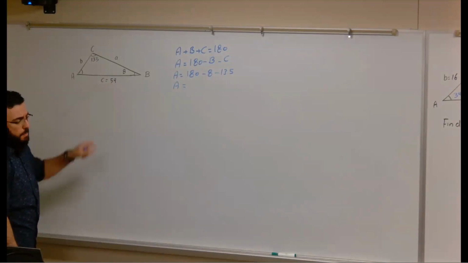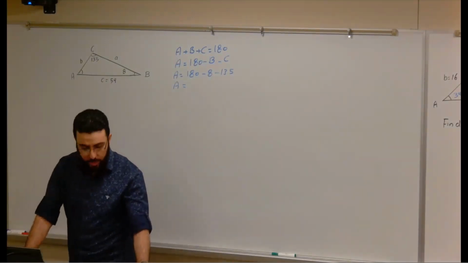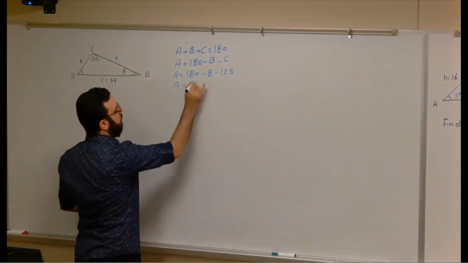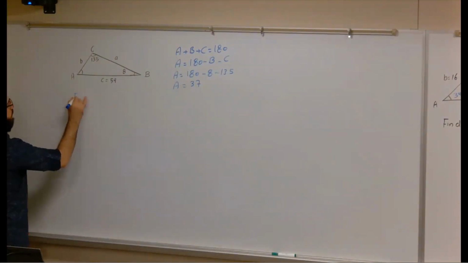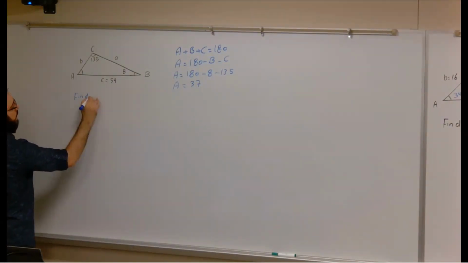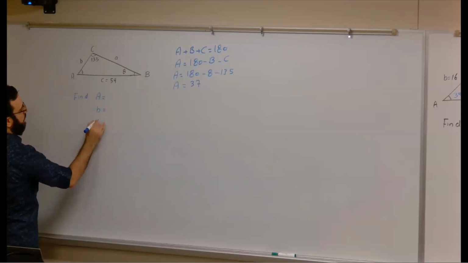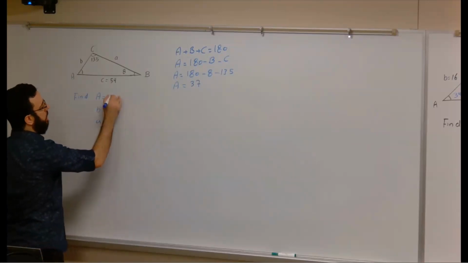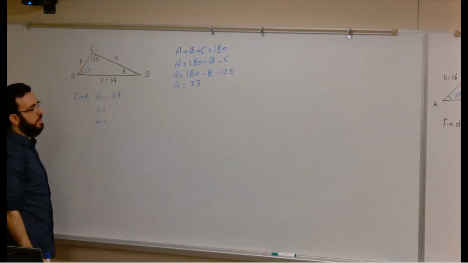Thank you. How much is it going to be? So 37. So this is the first thing I forgot to tell you. You need to find A, B and C. That's what we need to find. The first thing, A equals 37. That means here is the angle 37.